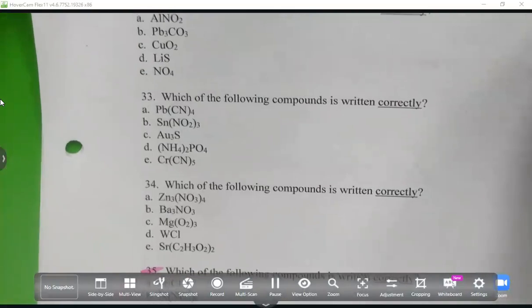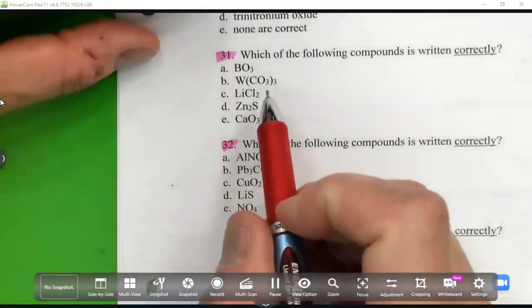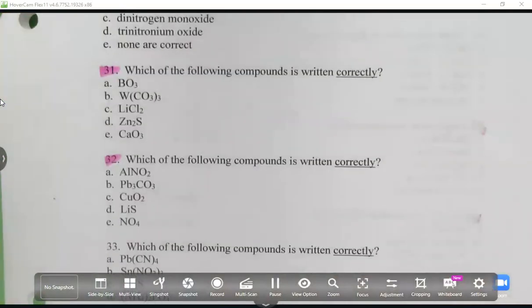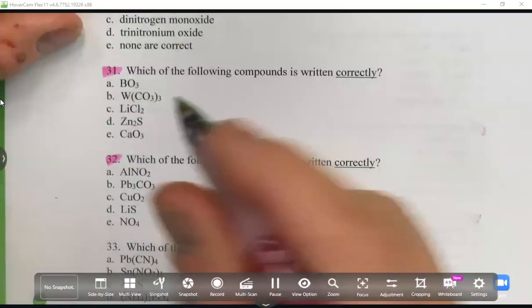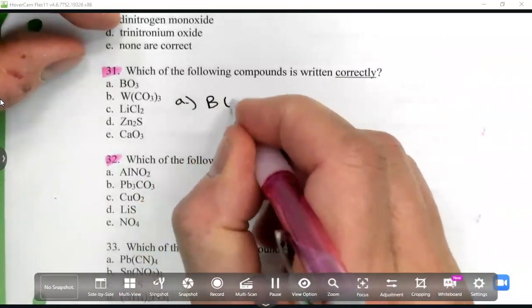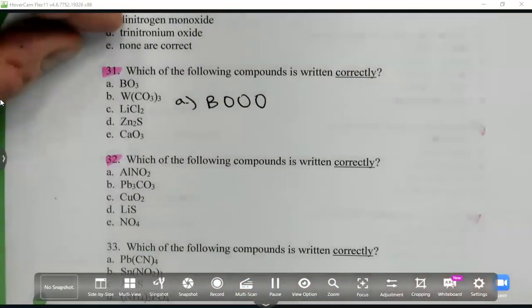31. Let's do 31. Okay. 31, which of the following compounds is written correctly? You have to go through and just hammer out every one. So I'm going to take A. I've got BO3. Remember, you got to assume you know the negative.